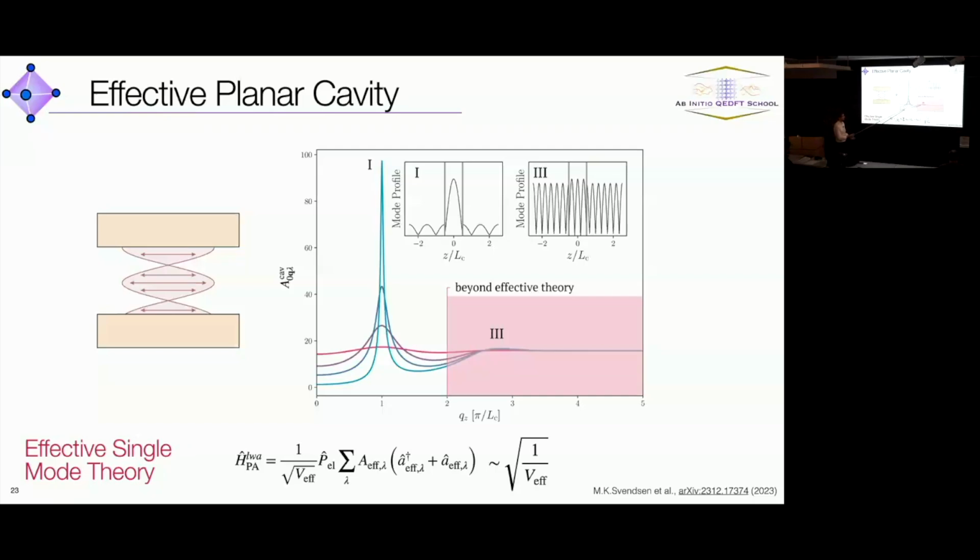But in fact, we show that by averaging, so summing over this, we localize our mode and it acquires a finite effective volume. So all you have to think about now is that you can map this complex electromagnetic environment into a single or few degrees of freedom, and those scale with 1 over an effective volume. And the effective volume, even for an extended system, is finite.